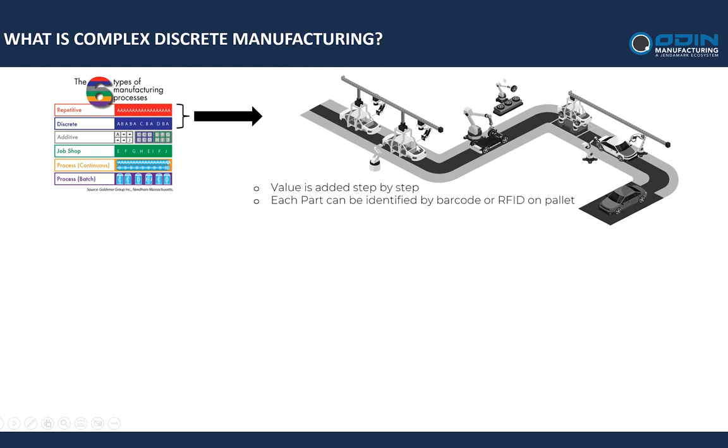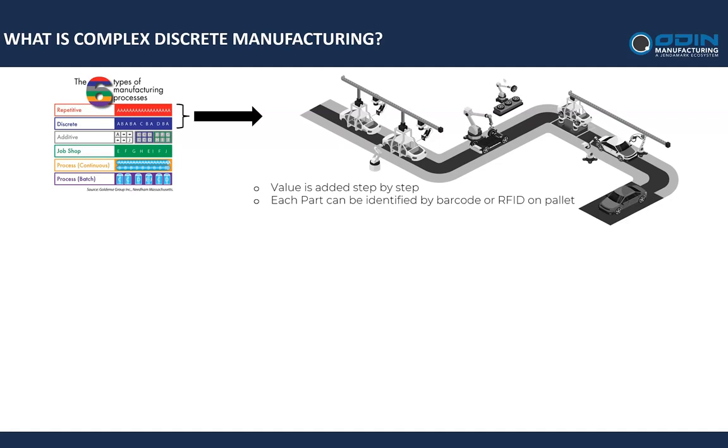What's also very important to note is that each product can be uniquely identified either by barcode or RFID on the pallet or RFID on the product itself. But as it moves through the process, we're able to identify the unique ID of that particular product as it moves down the production process.